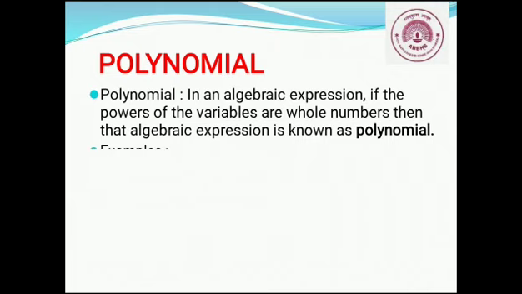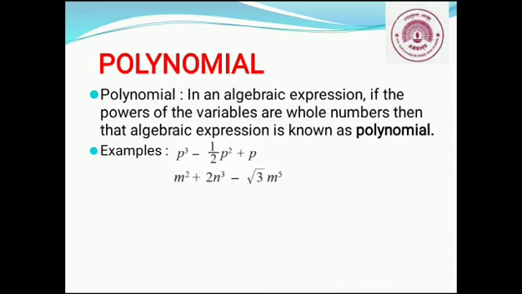Example, p cube minus 1 by 2 p square plus p. Here the power of first term is 3, power of second term is 2 and power of last term is 1. So all the powers are whole numbers and hence it is a polynomial.